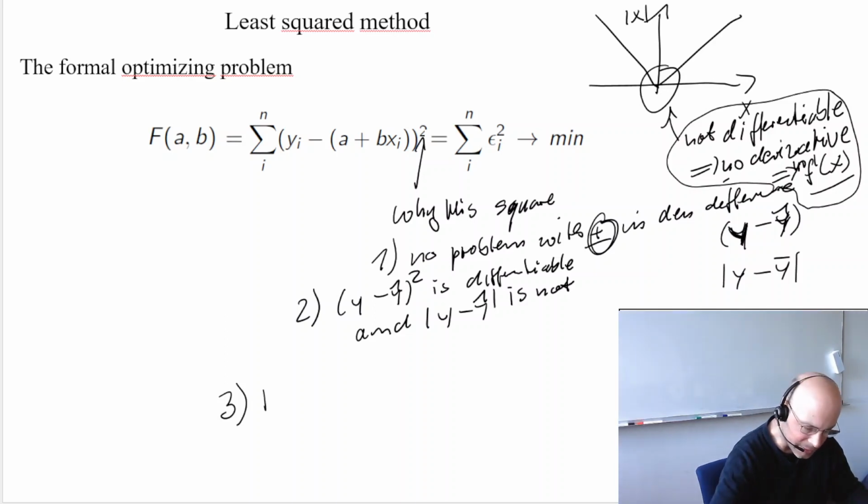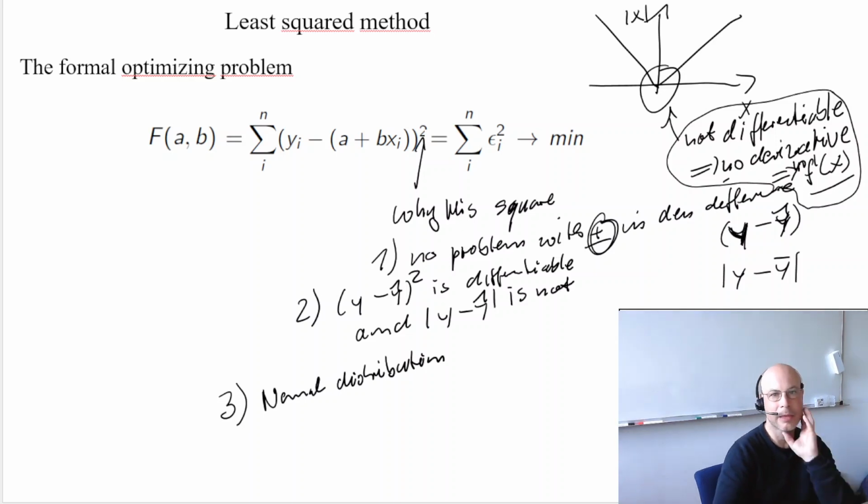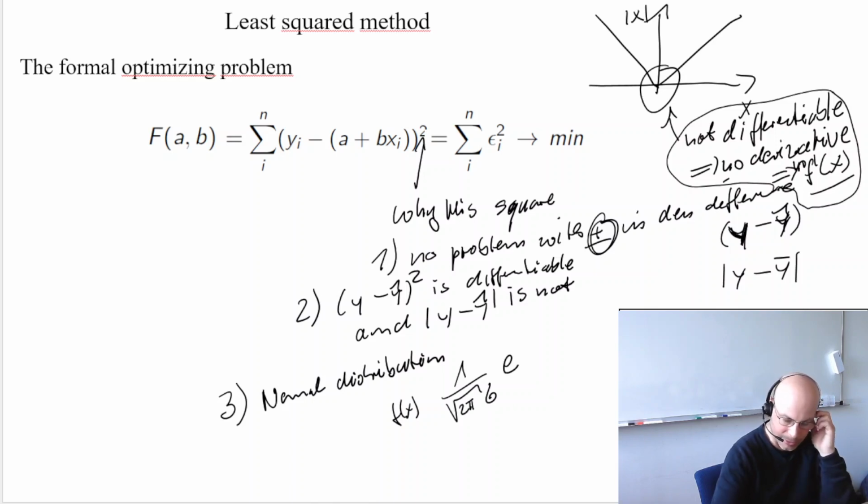Think about the normal distribution. How does a normal distribution look like? It is f of x equals 1 over the square root of 2 pi sigma, times the exponential to the power of minus x minus mu over sigma, squared.